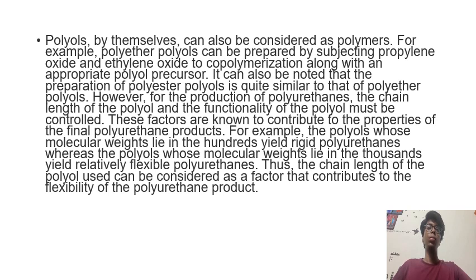It can also be noted that the preparation of polyester polyols is quite similar to that of polyether polyols. However, for the production of polyurethanes, the chain length of the polyol and the functionality of the polyol must be controlled. These factors are known to contribute to the properties of the final polyurethane products.